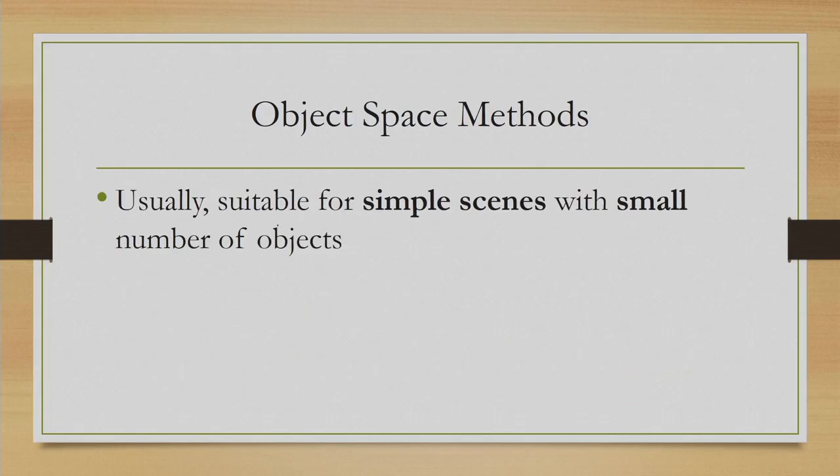Usually such methods are suitable for simple scenes with small number of objects. So, object space methods are best applicable when the scene is simple and having small number of objects.